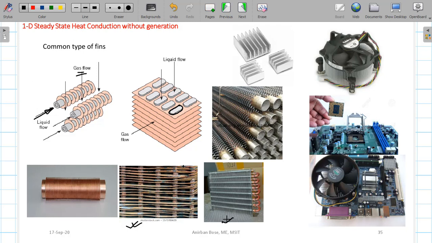Here you can see something you have seen in an air conditioner unit, maybe the evaporator or the condenser, where the tubes are there. Through the tubes the refrigerant is flowing, and outside you can see the thin fins to enhance heat transfer between the outside gas, maybe outside air, and the refrigerant flowing inside the tubes.